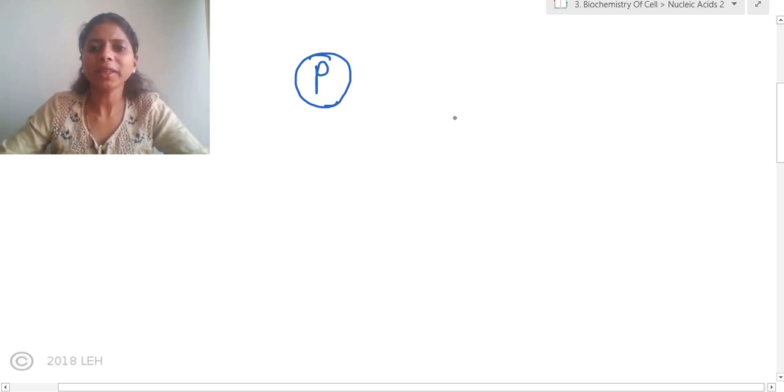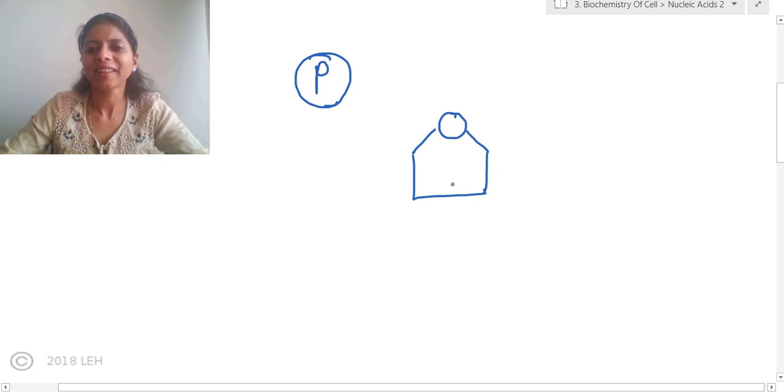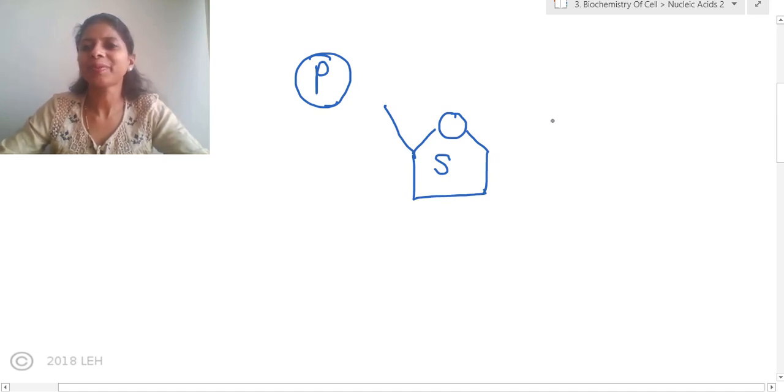Then the second component, what is the second component? Pentose sugar. And where is the fifth carbon? Here it is, correct? So this is the pentose sugar. And the next component is nitrogenous base.